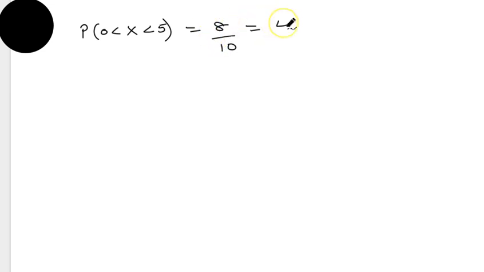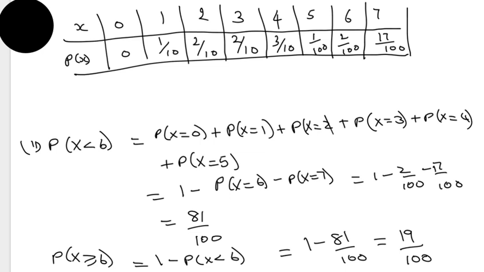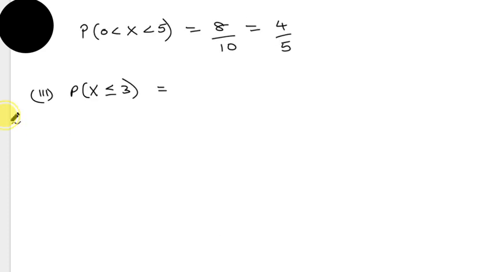In other words, it is 4 by 5. Now moving on to the third subdivision, we have the probability of x less than or equal to 3. So less than or equal to 3 is 0, 1, 2, 3. So 0 plus 1 by 10 plus 2 by 10 plus 2 by 10. The value is going to be 5 by 10, which in other words is half.